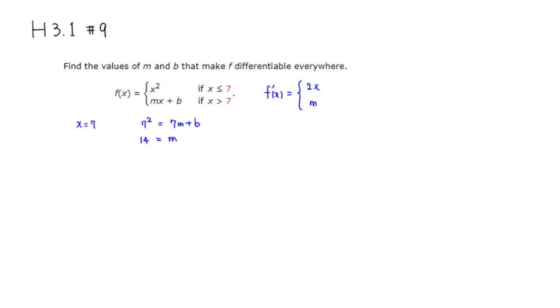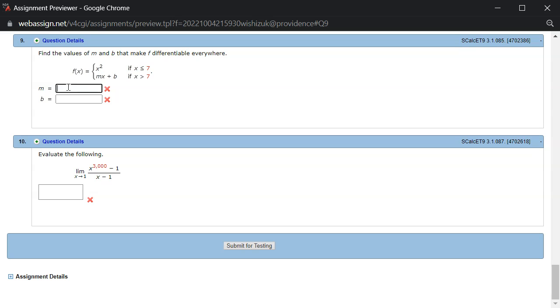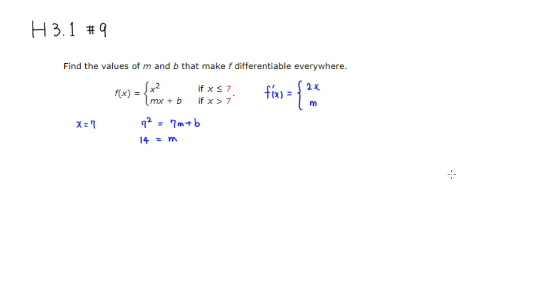So now we already know that m is 14. Let's type it in here. All we have to do is find the b value. You can just plug 14 into the first equation: 7 times 7 is 49, which is equal to 14 times 7, which is 98, plus b.